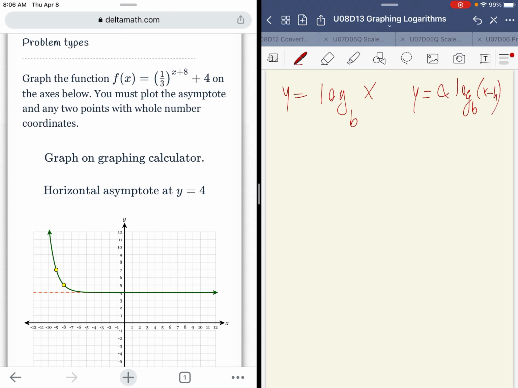And if you wanted to include a vertical shift, you would put a k. And the vertical asymptote of a logarithmic function would be at x equals h.